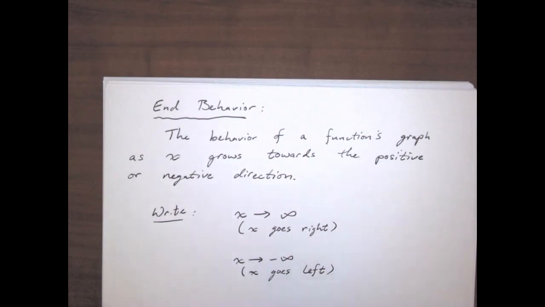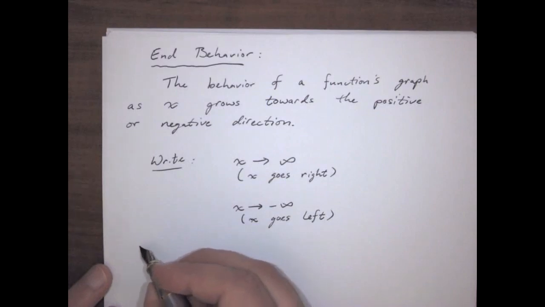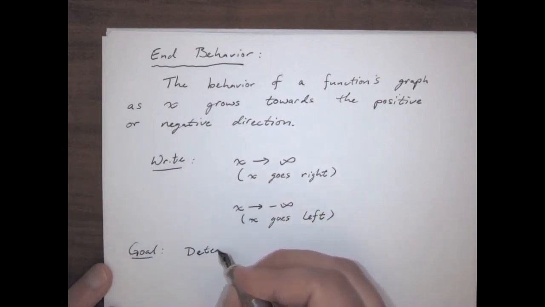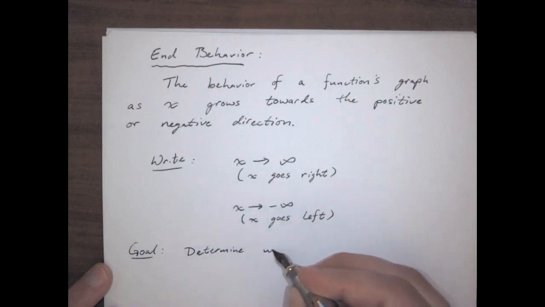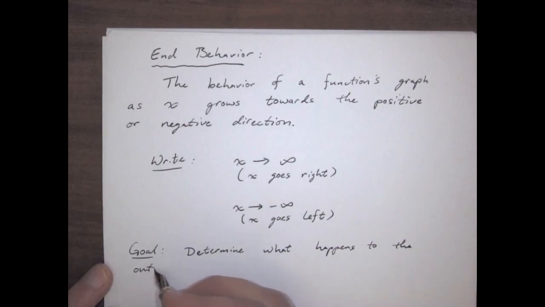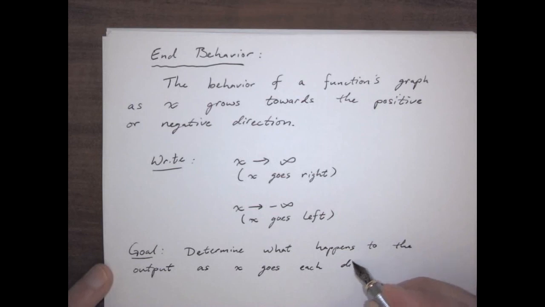So this is how we write the end behavior, and then the goal is going to be to figure out or to determine what happens to the output as x approaches, or as x goes each direction.